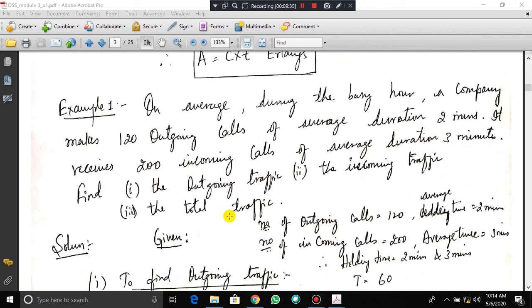So let us see what is given. During the busy hour, the number of outgoing calls is 120 and average duration is 2 minutes. The number of incoming calls is 200 and average duration is 3 minutes.